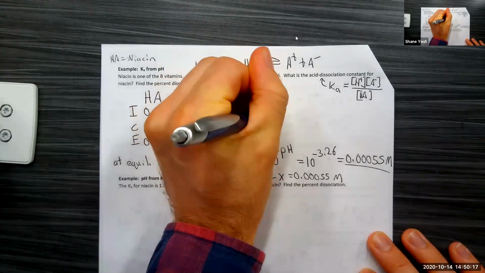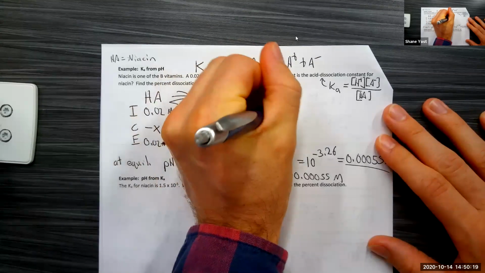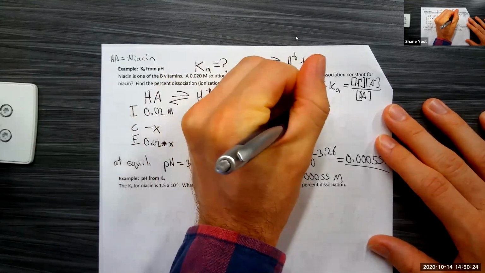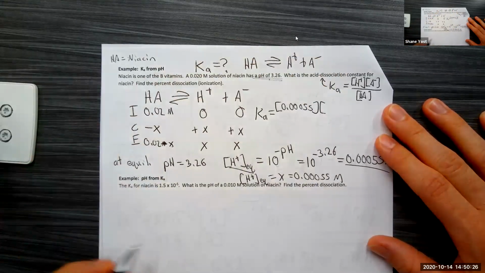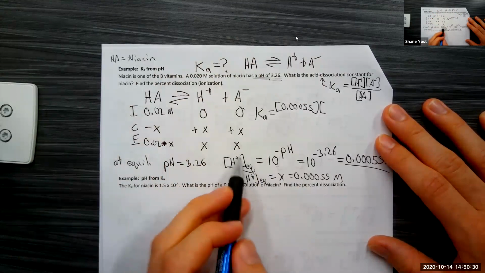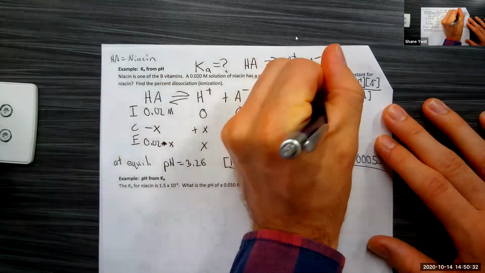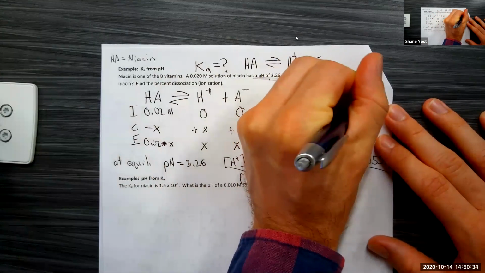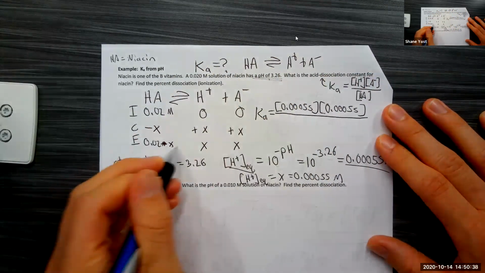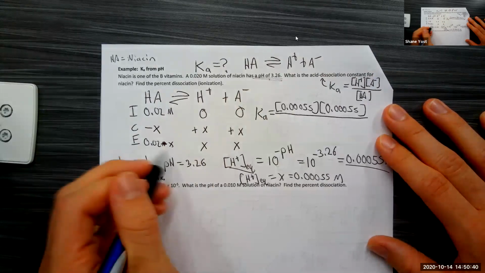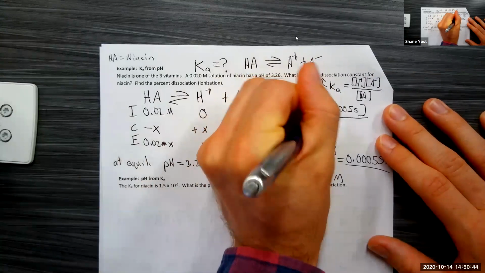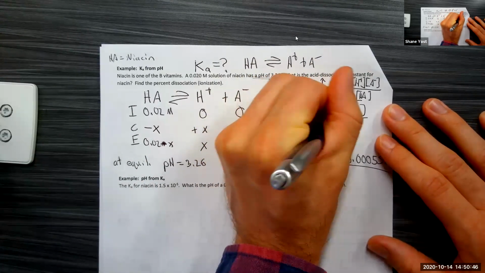Ka equals the concentration of H plus, which is 0.00055, times the concentration of A minus at equilibrium, which is the same thing, X. So that's also going to be 0.00055, divided by the equilibrium concentration of my weak acid, which is 0.02 minus 0.00055.